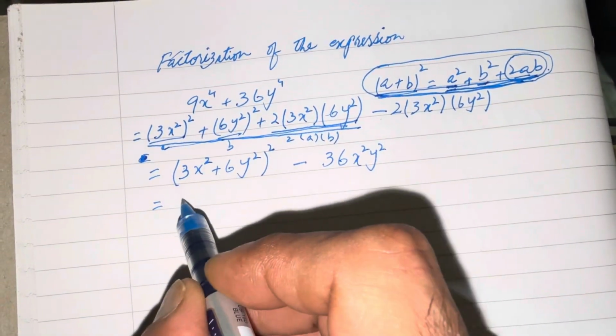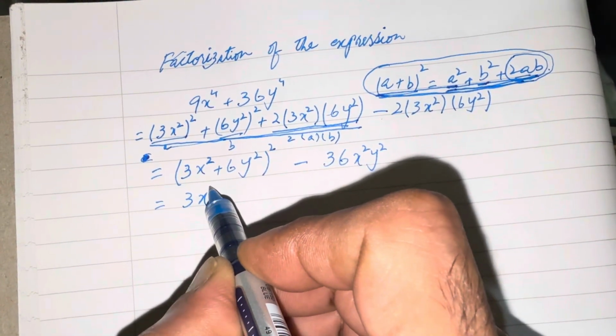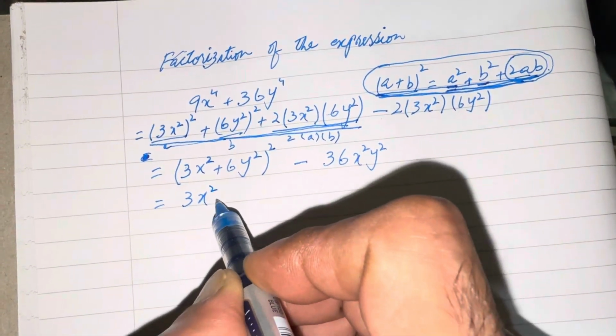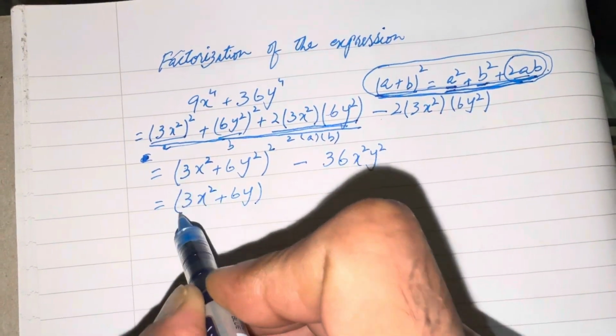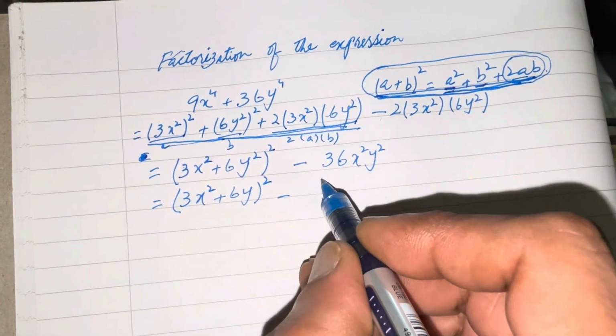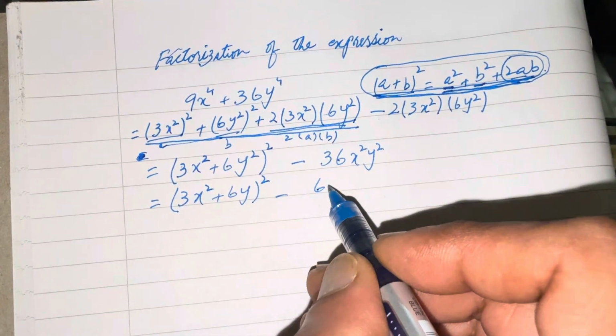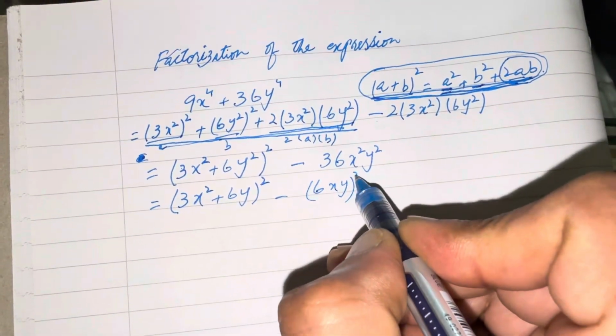So in our next step that we are going to do a little bit more simplification that will help to solve this question. So is 36 को हम लिख सकते हैं 6xy whole square.